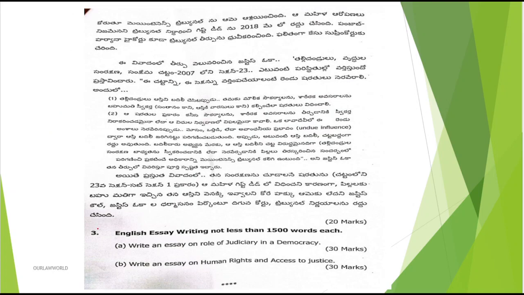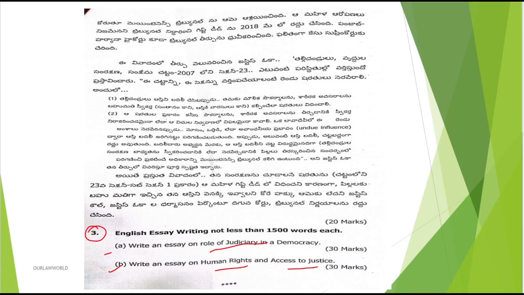The last, third question has two sub questions. One is the role of judiciary in democracy, and the other is regarding human rights and access to justice. As you can see, we have just covered the reference part of all the question papers.